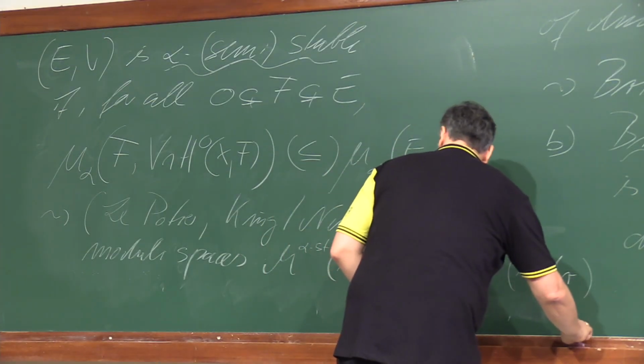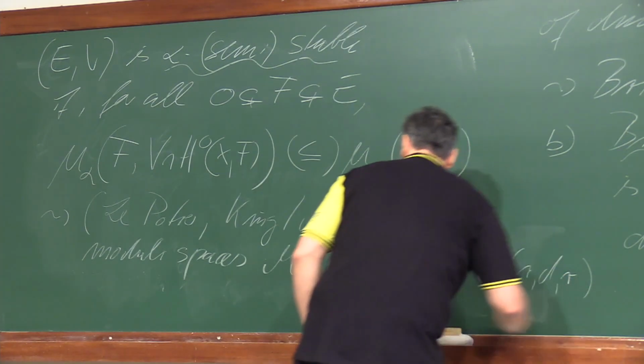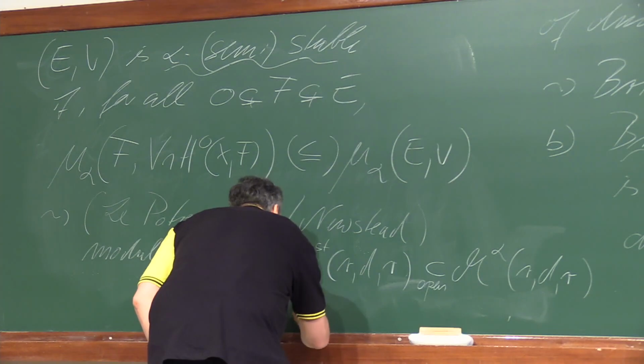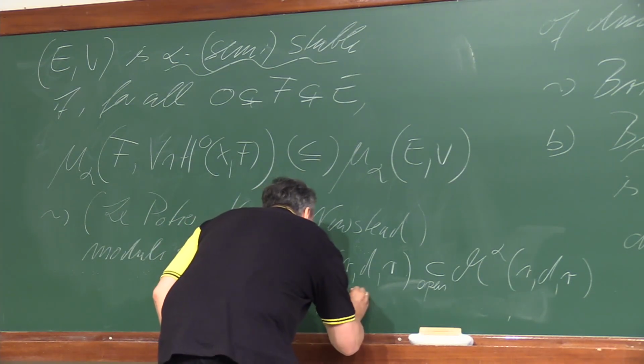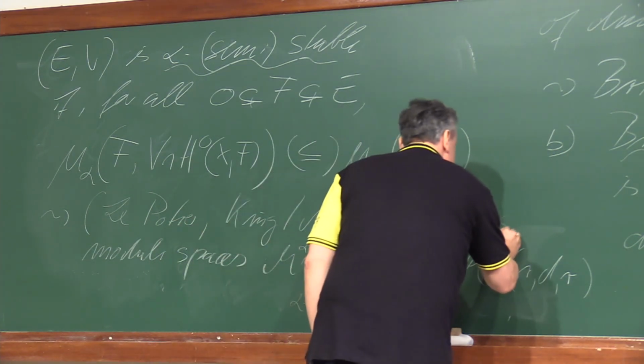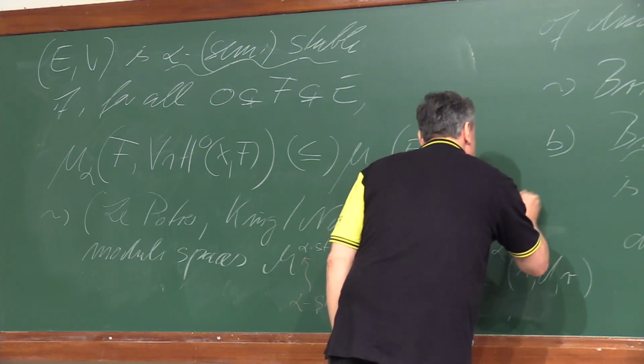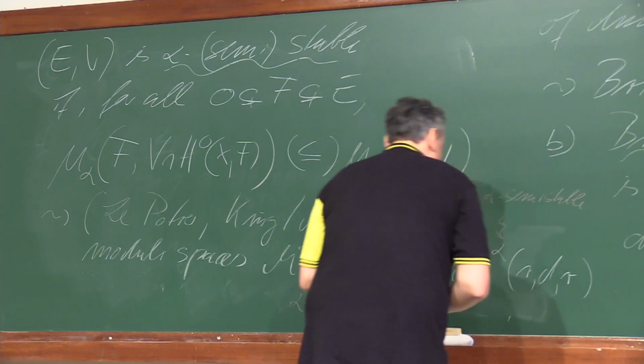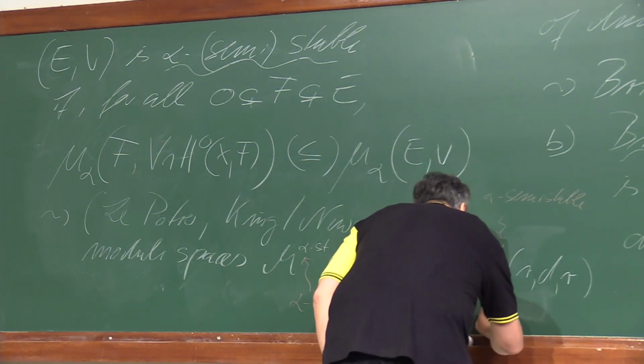So these here are the alpha stable ones. And these here are the alpha semistable ones. And this here, this is important, is projective.